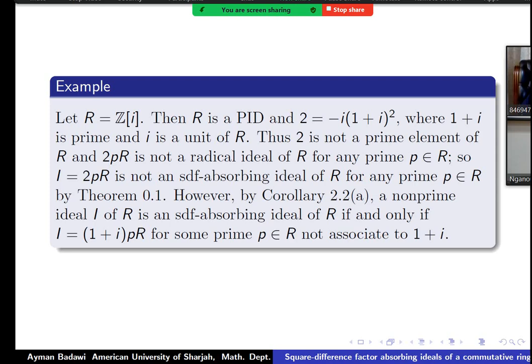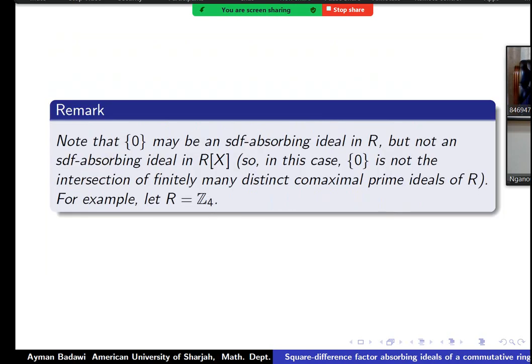And of course, I'm assuming I is not a prime, because every prime ideal is definitely SDF. So if we're assuming the ideal is not a prime, then this is how they look.